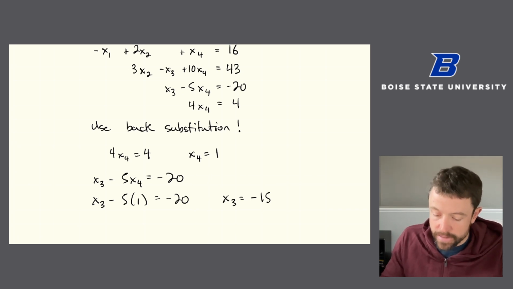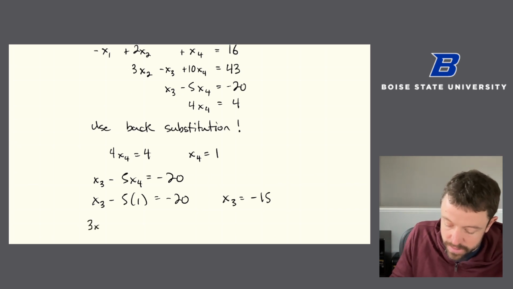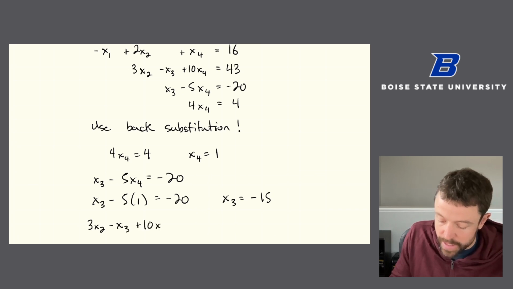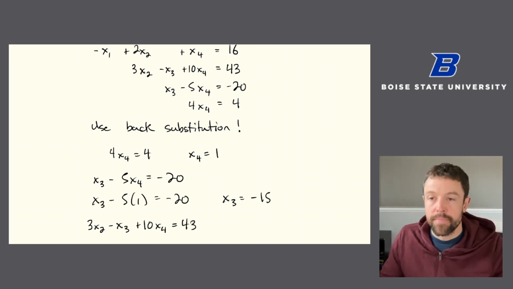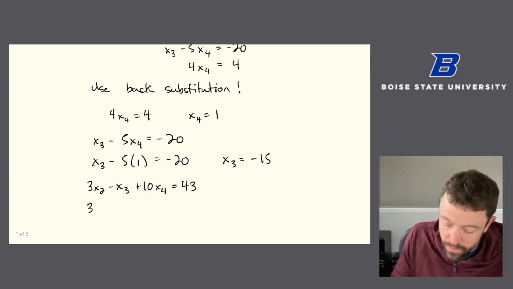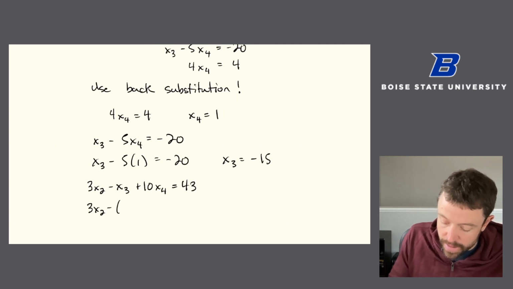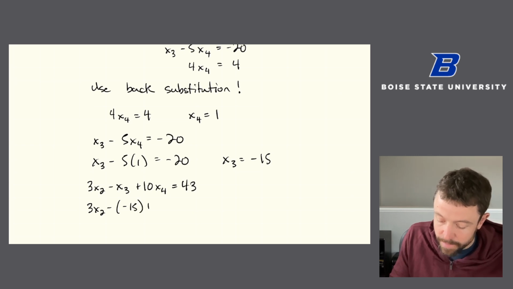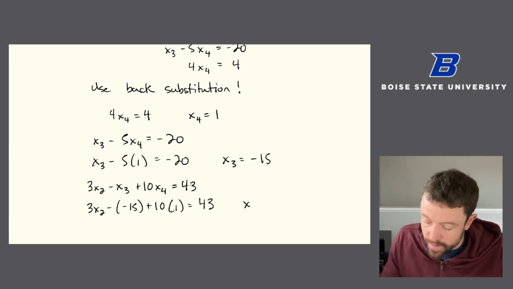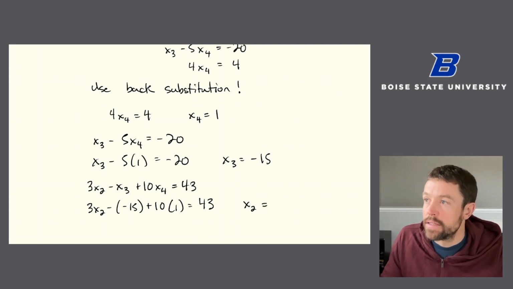Let's move up again. Our next equation is 3x2 minus x3 plus 10x4 equals 43. If I plug in these values, I don't know what x2 is yet. x3 is minus 15. x4 is 1. And when I solve for x2, I find that x2 is 6.